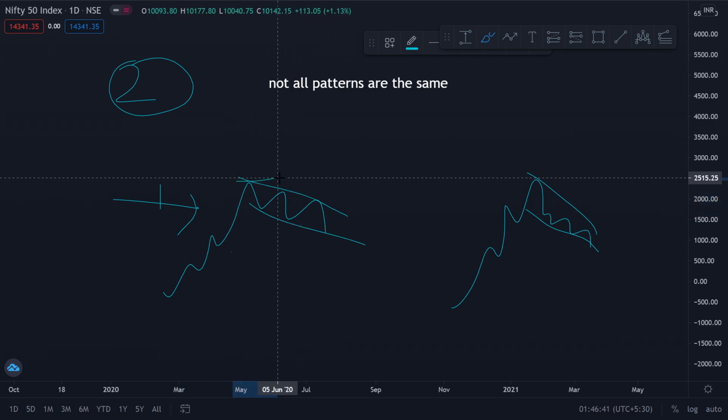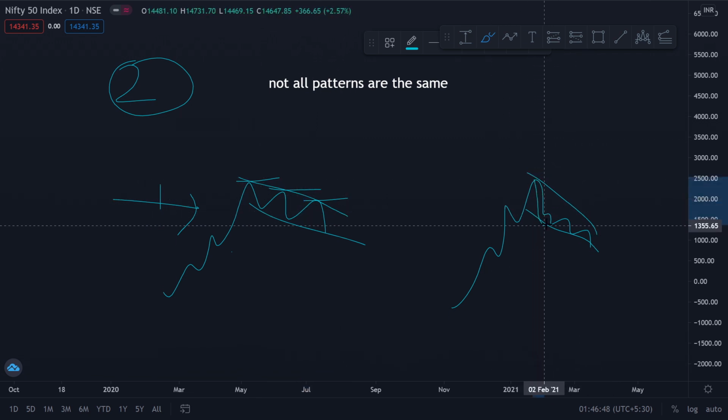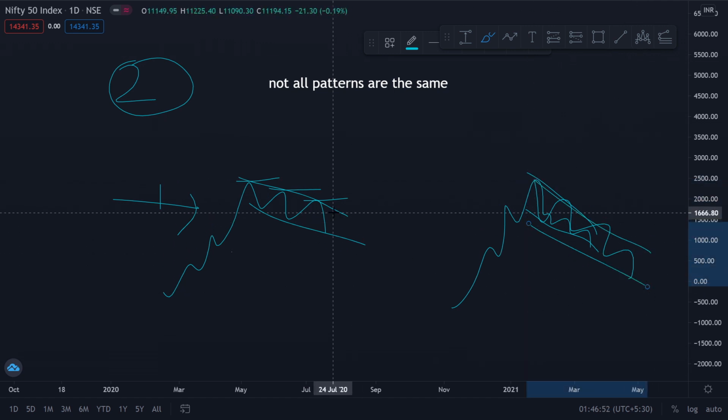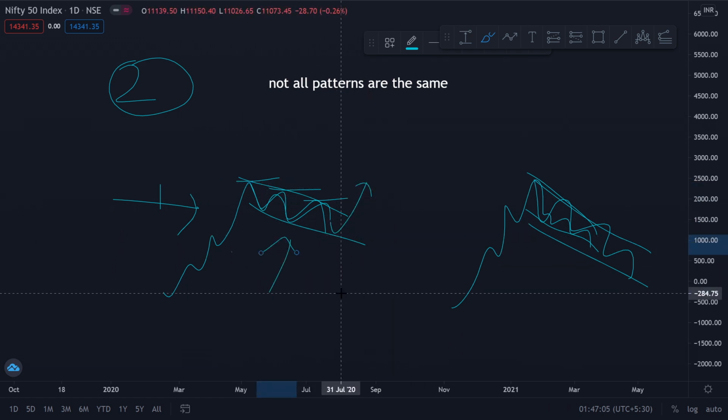This means the sellers in this market are weaker compared to the sellers in the other market, where sellers were able to bring the price down very quickly, a steep fall. Here the sellers and buyers are having a closer battle, and the probability of this breaking out is higher because the buying pressure is higher.